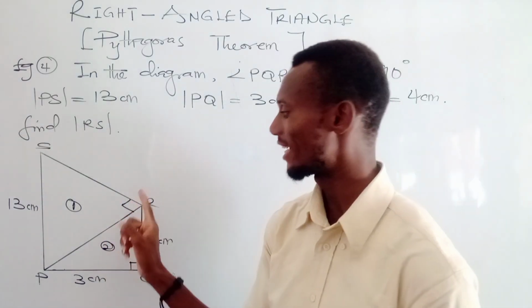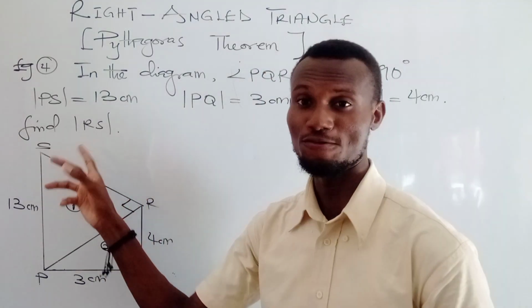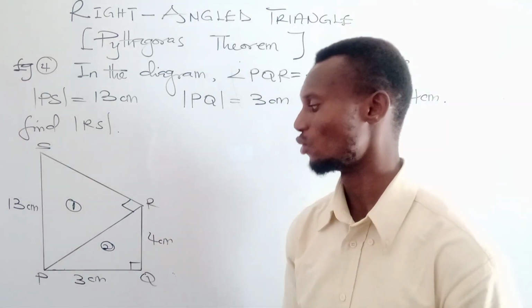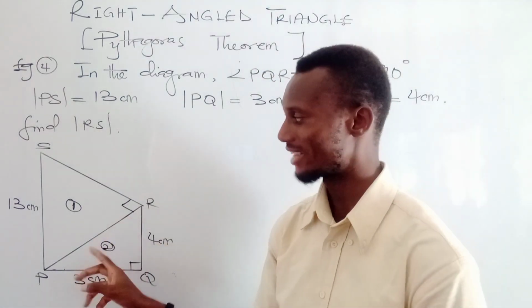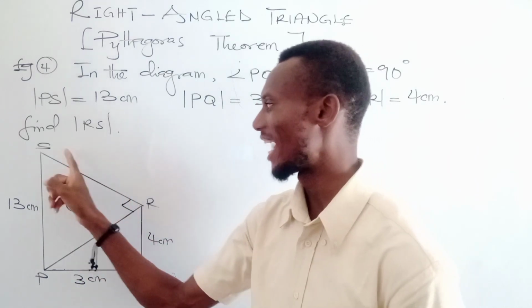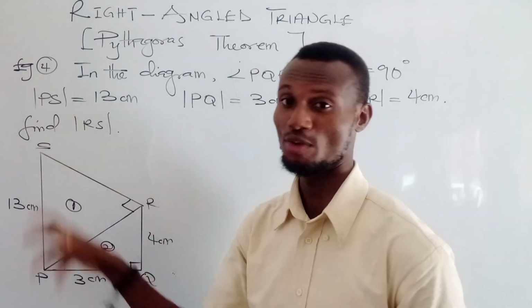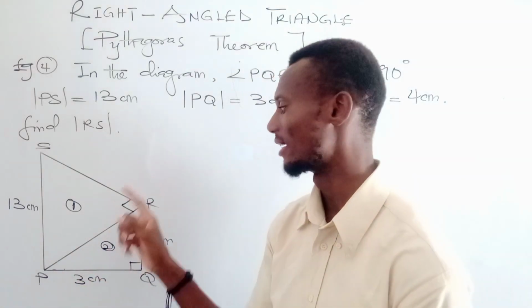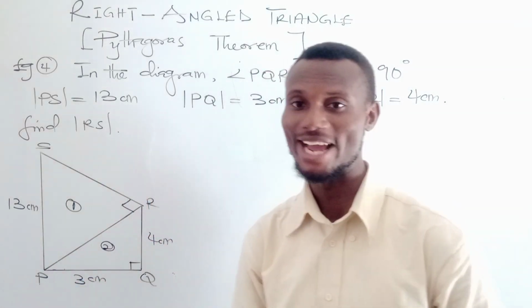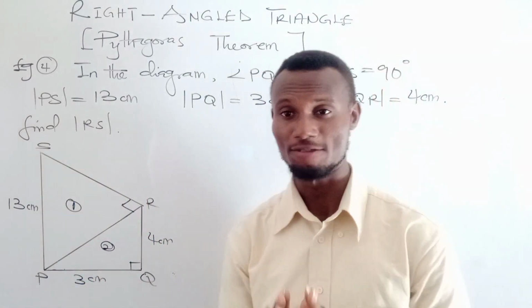To find the line RS we are looking for, we need to find line PR first, because without the value of line PR, we cannot find line RS. I hope the explanation is clear enough up to this point.